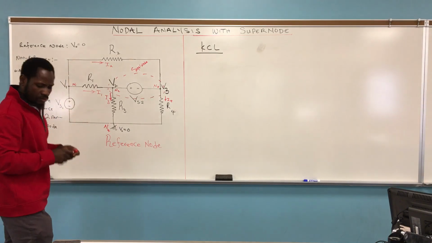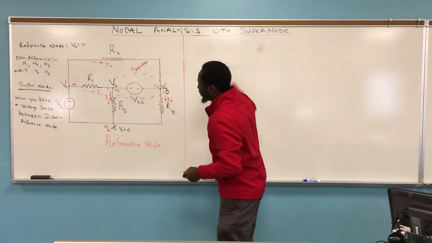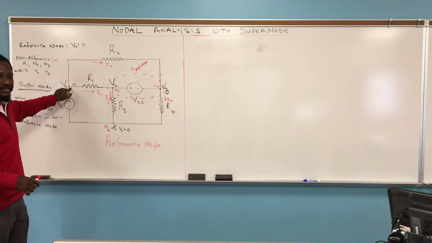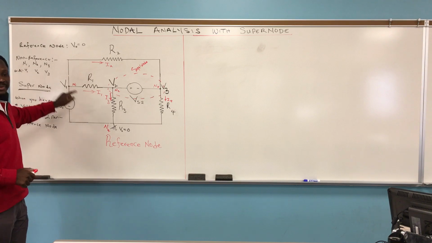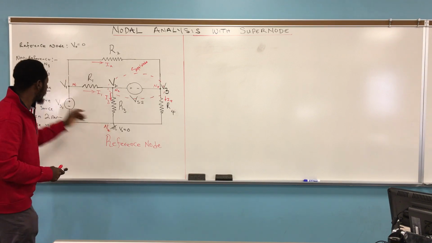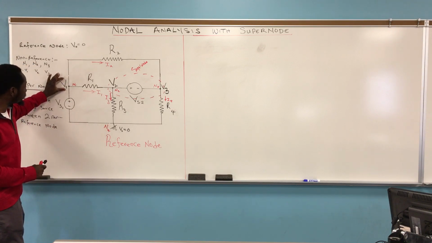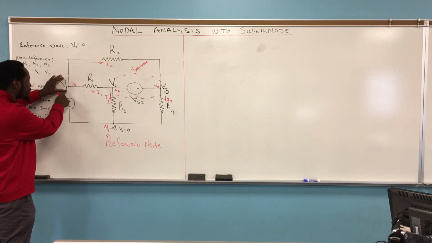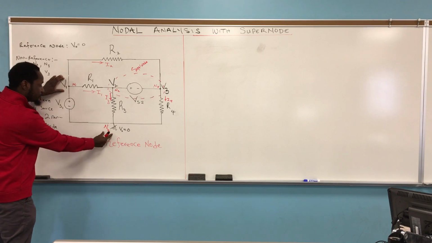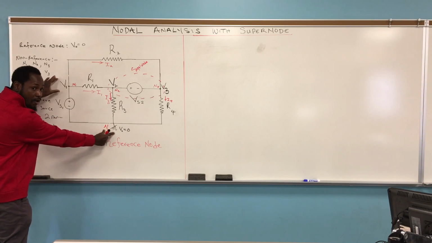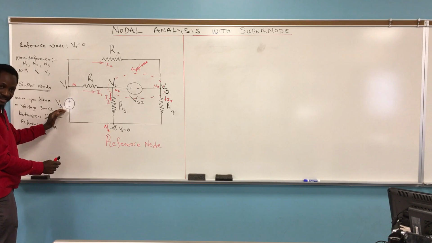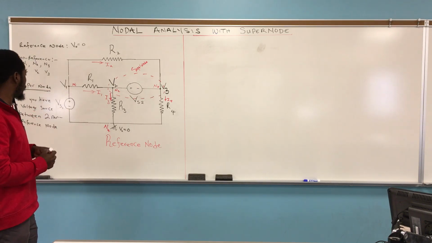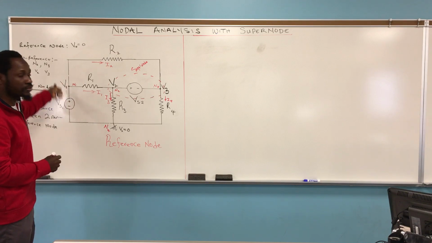But before we even do the KCL, what can we deduce from this branch? This branch is saying the voltage difference between this non-reference node 1 and this node 4 is what? The source there. So at least we can make some sense out of this branch, right?